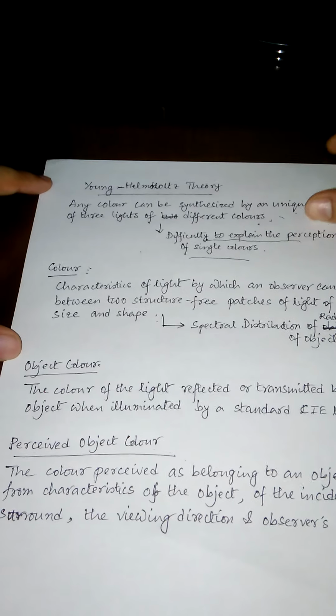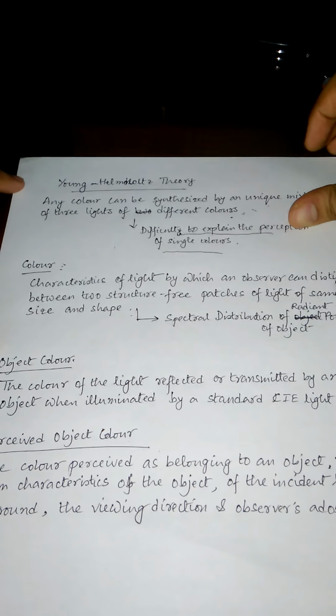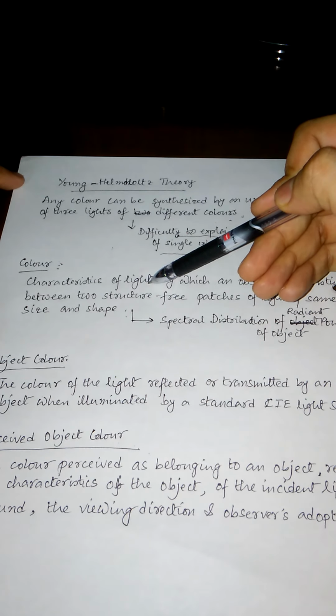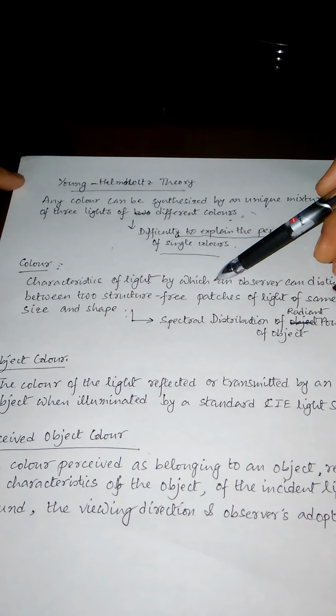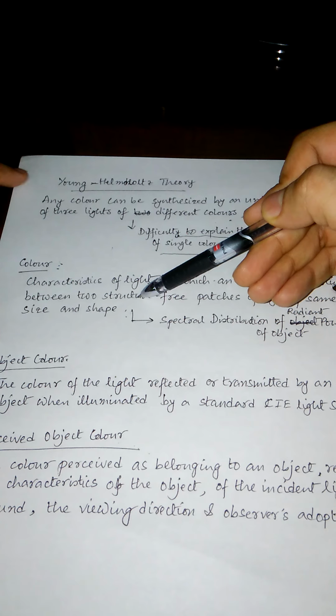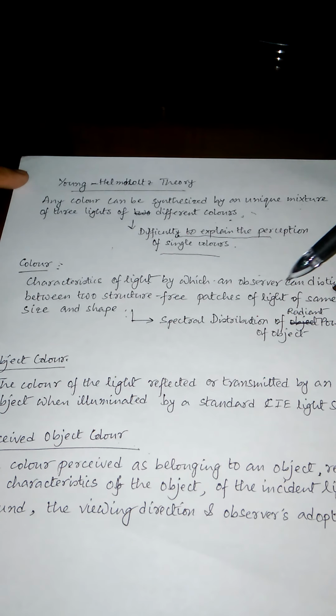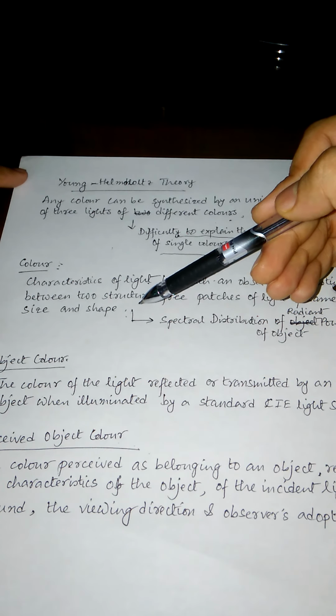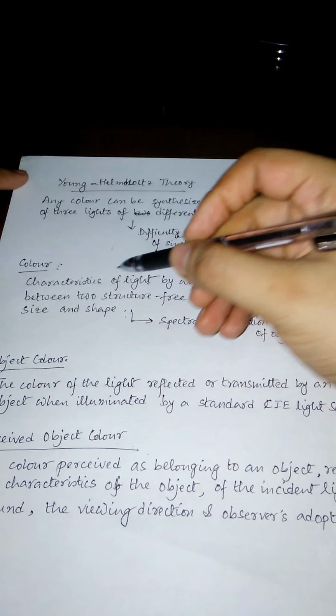See the definition of color: the characteristics of light by which an observer can distinguish between two structure-free patches of light of the same size and shape. This is very much important.